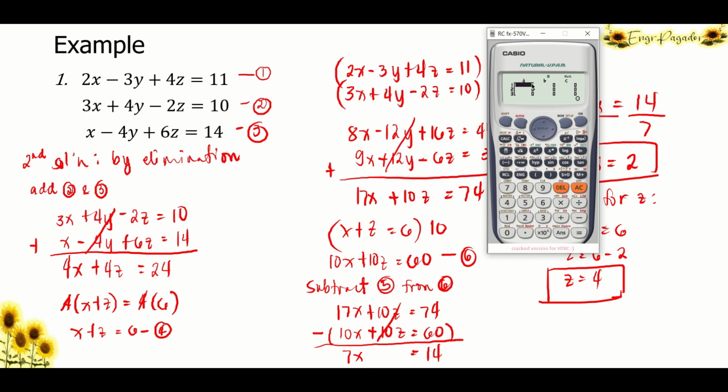So, let's start with the first equation. That will be 2, then press equals. It will direct you to the second column. And don't forget to input the signs. So, negative 3 for the numerical coefficient of y, and then positive 4.